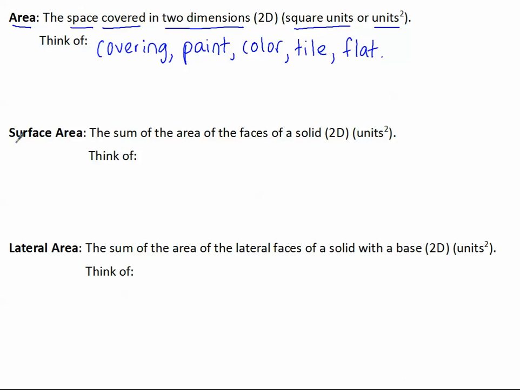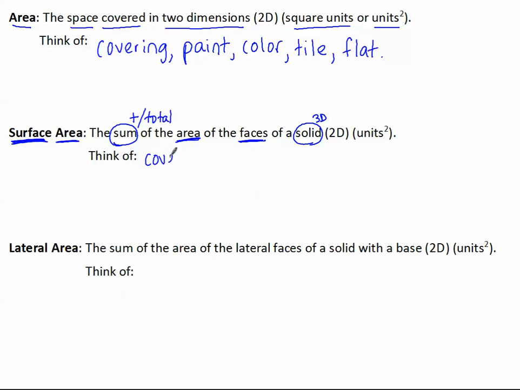Now apply that concept to a specific kind of area, surface area. Surface area is the sum of the area of the faces of a solid. It is also two-dimensional, but the solid is in three dimensions. It is also area, so it is unit squared or square units. Remember, sum means add or total.